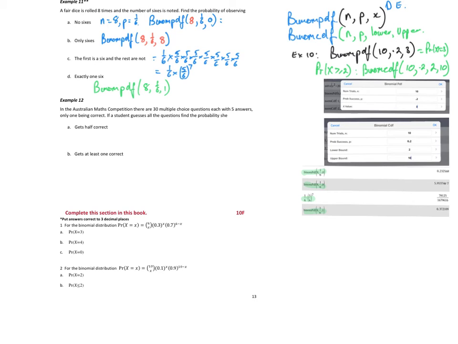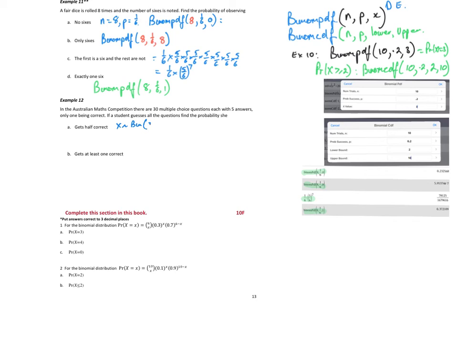What about example 12? In an Australian math competition, 30 multiple choice questions, each with 5 answers, only one being correct. The student guesses all questions, find the probability that they get half correct. All right, so again, always identify what we call parameters, the key features of our distribution. So we're going to say X is distributed binomially.